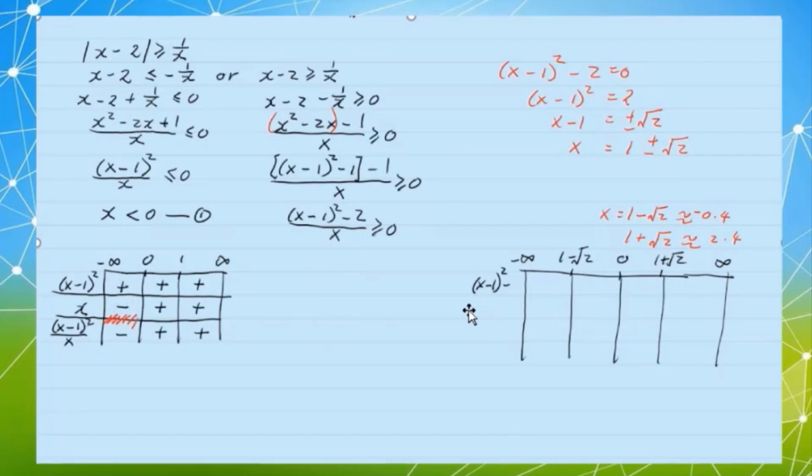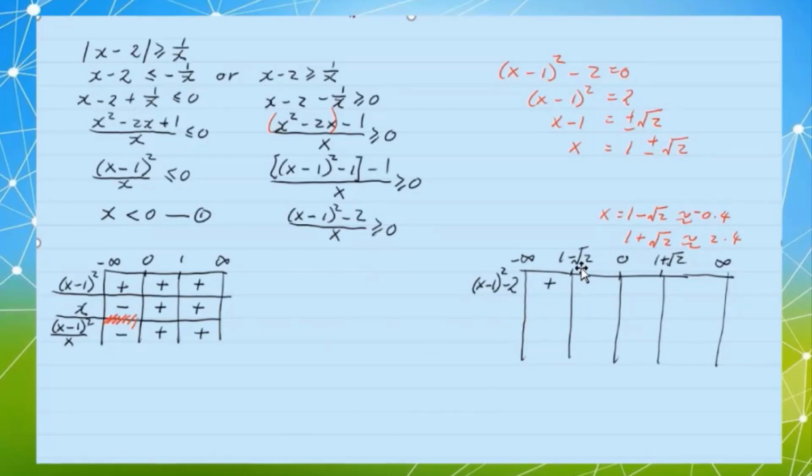Now we are going to test the value of (x minus 1) squared minus 2 and x in each section. So first we test (x minus 1) squared minus 2. When x is less than 1 minus square root of 2, which means x is less than negative 0.4, we found that this is positive.